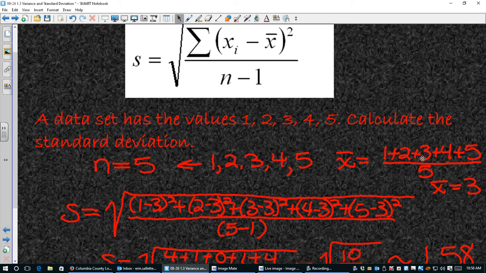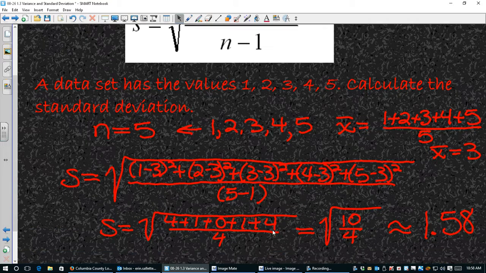So I took each of my values in my set, subtracted the mean from them, squared each of those individually, and now I'm adding them all up. And then I've divided it by my n, which is 5, minus 1.